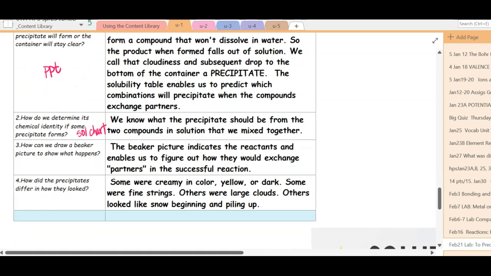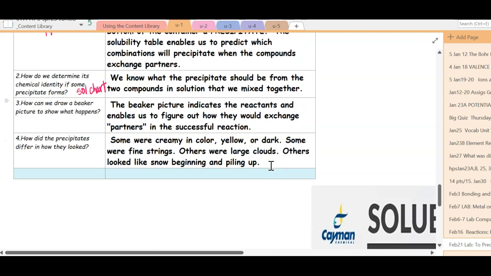So that's what we did there. The beaker picture indicated those reactants.